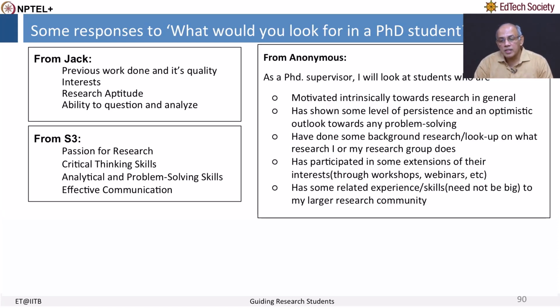From Anonymous there is a nicely created list: students who are motivated intrinsically towards research, have shown some level of persistence, which is an important thing, have done some background research on what research I or my group does, which is again a very important thing, have participated in some extensions and have some related expertise.